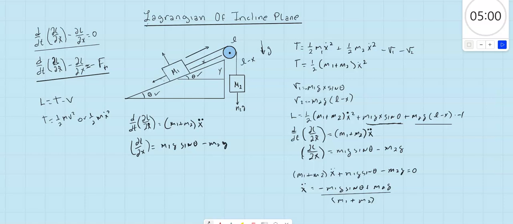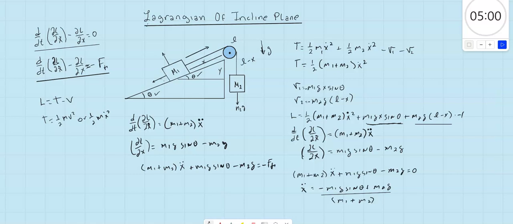So then we could write our equation of motion as (m1 plus m2) x double dot plus m1 g sine theta minus m2 g, and this is going to be equal to minus the force of friction.